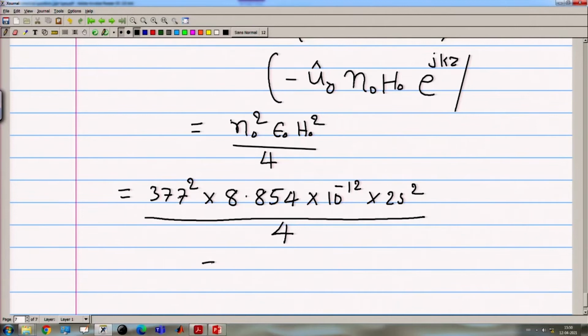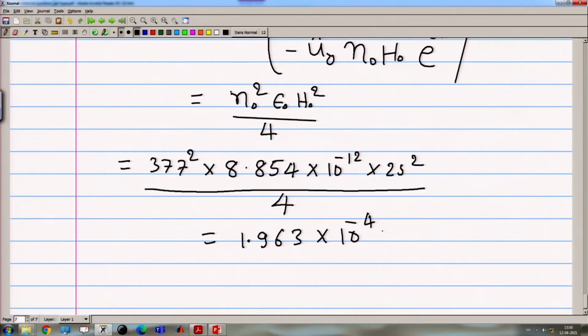So, it will come again 1.963 into 10 to the power minus 3 joule per meter cube. We can see that both electric energy and magnetic energy are equal. So, this is the solution for the B part. We can go to the next problem.